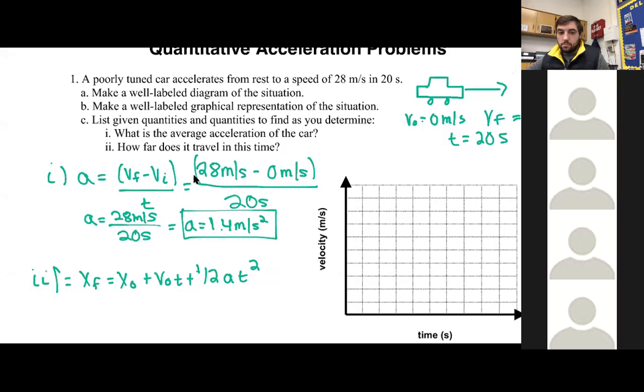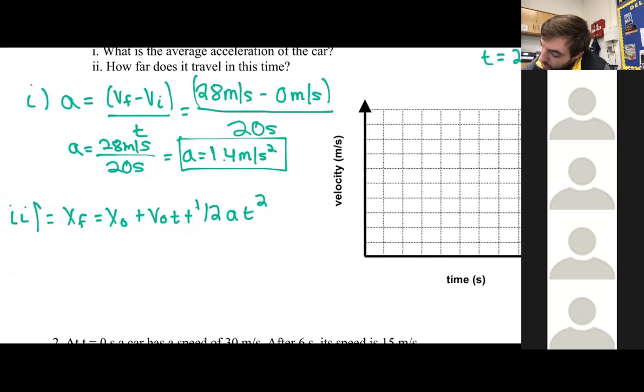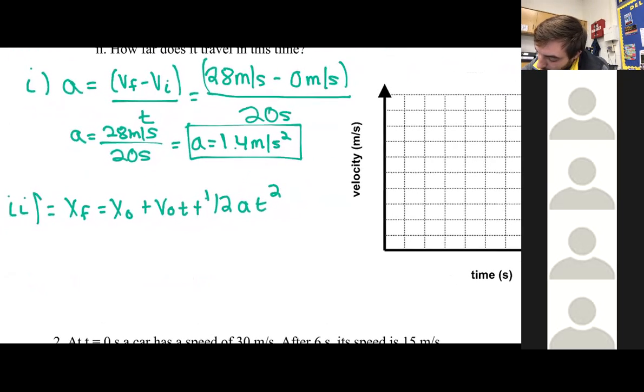So as I'm looking around the Jamboard here, I see that most of you guys got 1.4 meters per second squared. And then for that bottom equation, that big doozy, I told you guys things were going to be canceling out, and they do. Initial position at the origin, that cancels out.